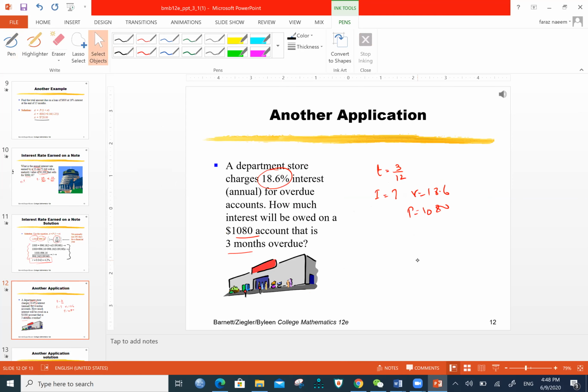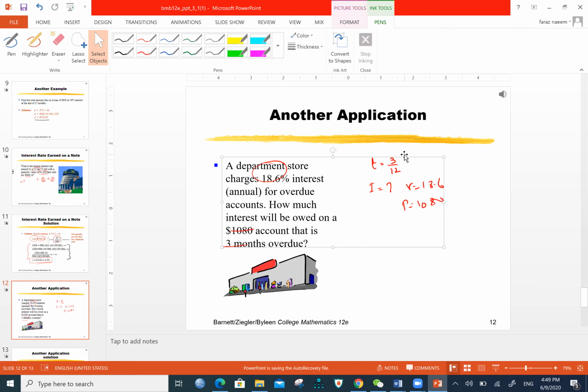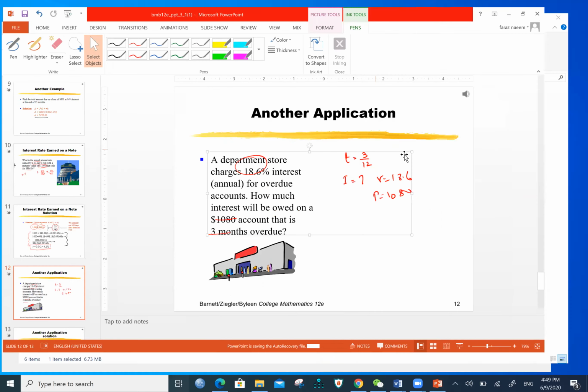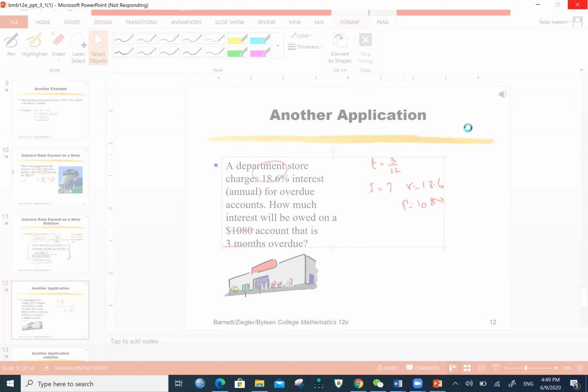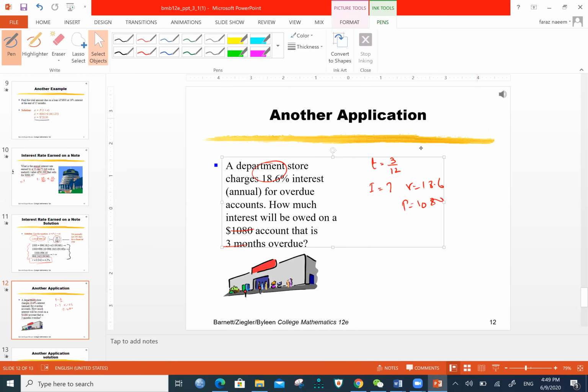So a departmental store charges 18.6% interest for an overdue account. How much interest will be owed on a $1,080 account that is 3 months overdue? So time is 3 months. You can convert it into years by dividing it by 12.